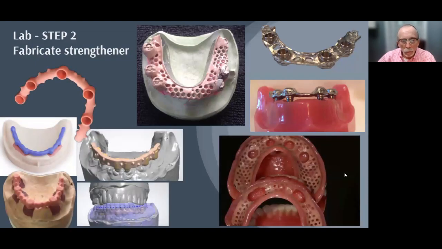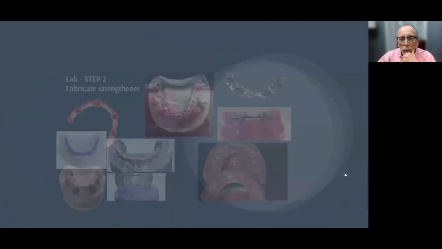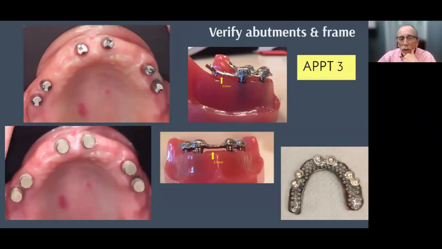This is some of what Tremaine's work had done, where he designed these strengtheners digitally and then milled them out of one of the high-strength polymers. They go back to the dental office, and we put the abutments in, put the caps on the abutments, and pick up those caps in the strengthener with crown and bridge cement. We just make sure everything's aligned and pick up the caps so that we can come back and then put the denture around it.